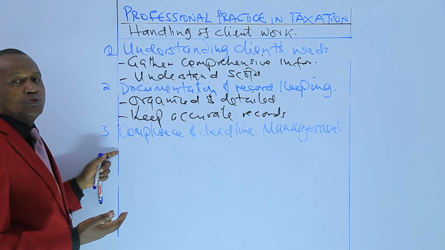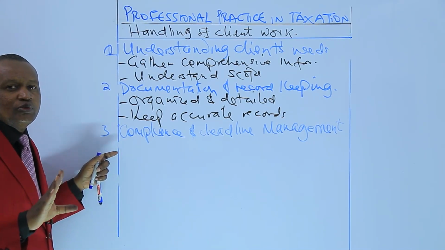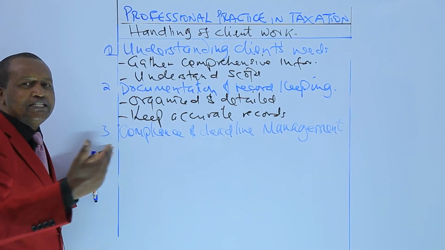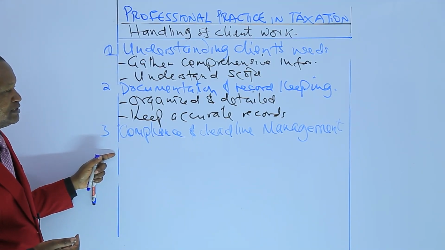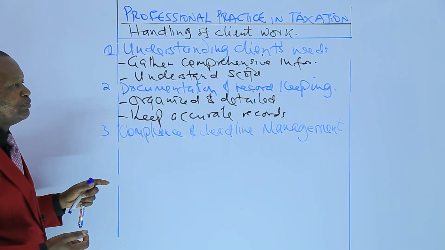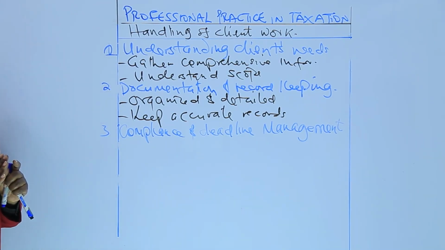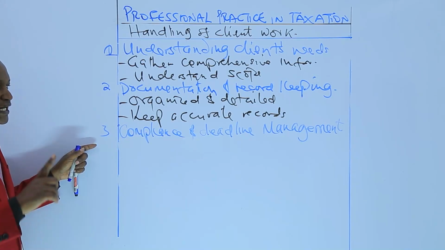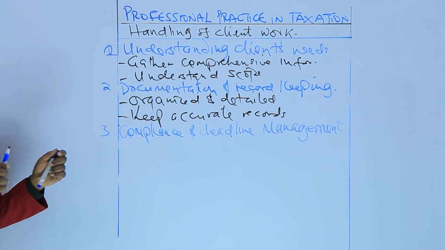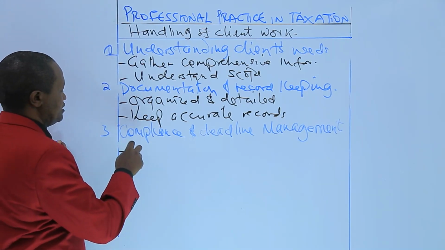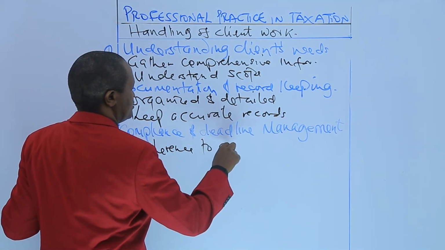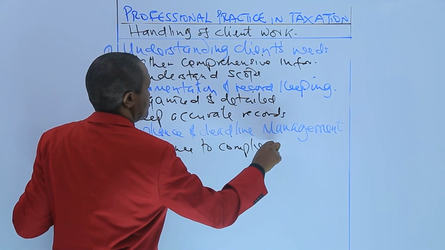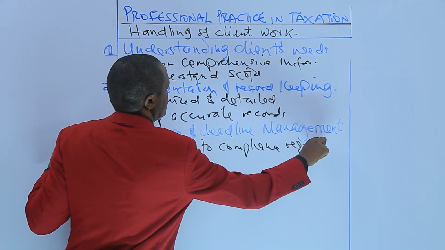The tax professional should also establish a system to track deadlines and important dates in order to prevent any lapses in compliance. There ought to be a system to maintain deadlines. Compliance and deadline management: adherence to compliance requirements.